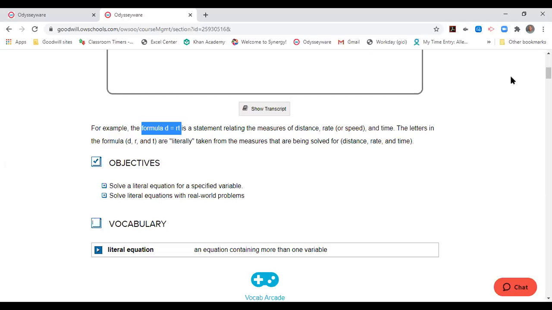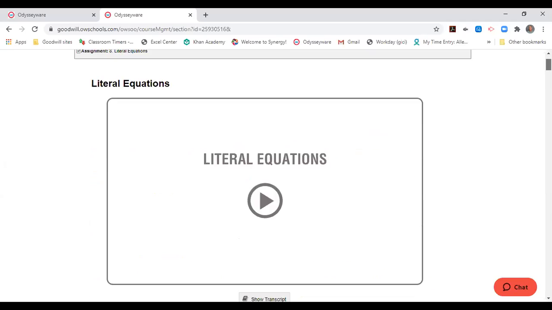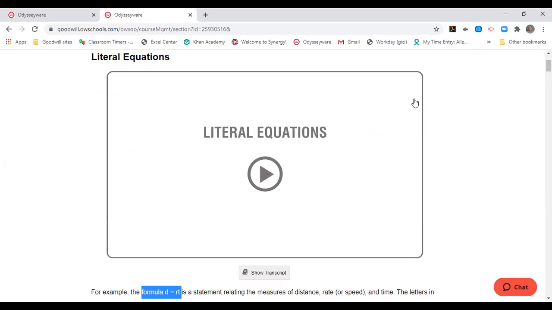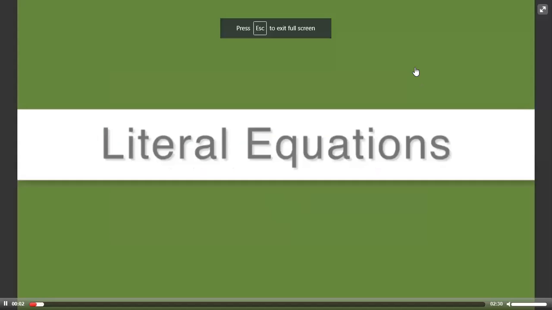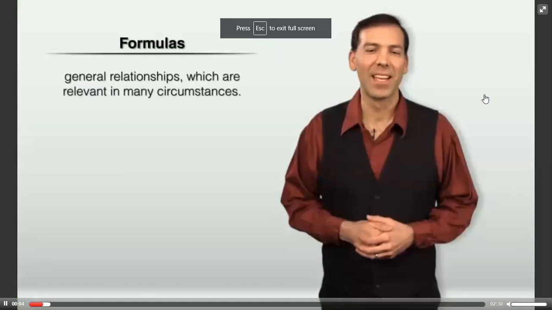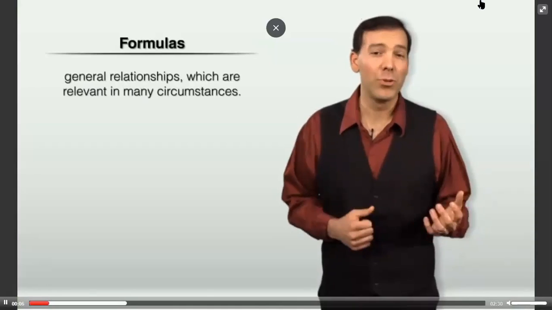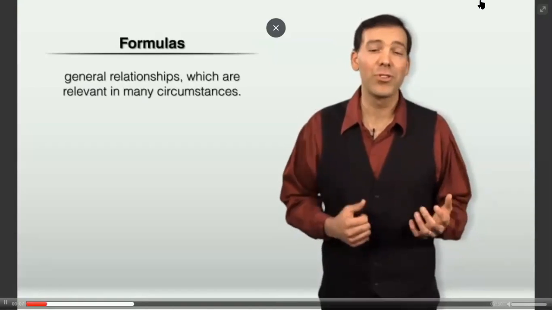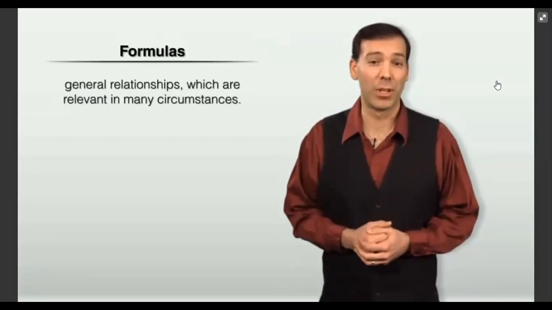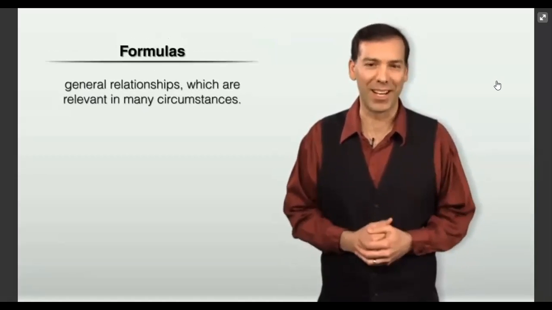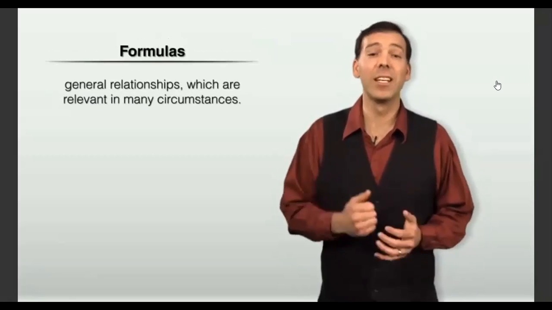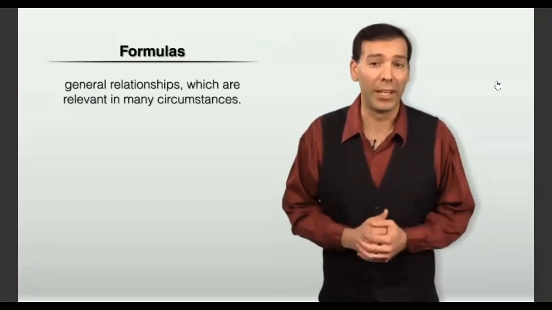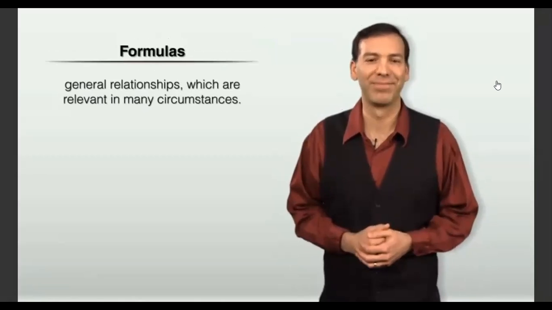And we do it by the same operations as before, adding, subtracting, multiplying, and dividing, whichever the opposites are. Literal expressions are often used to state formulas. Formulas are general relationships that are relevant in a great many circumstances. Just like the equations you have been working with, these literal equations can be manipulated to solve for different variables.